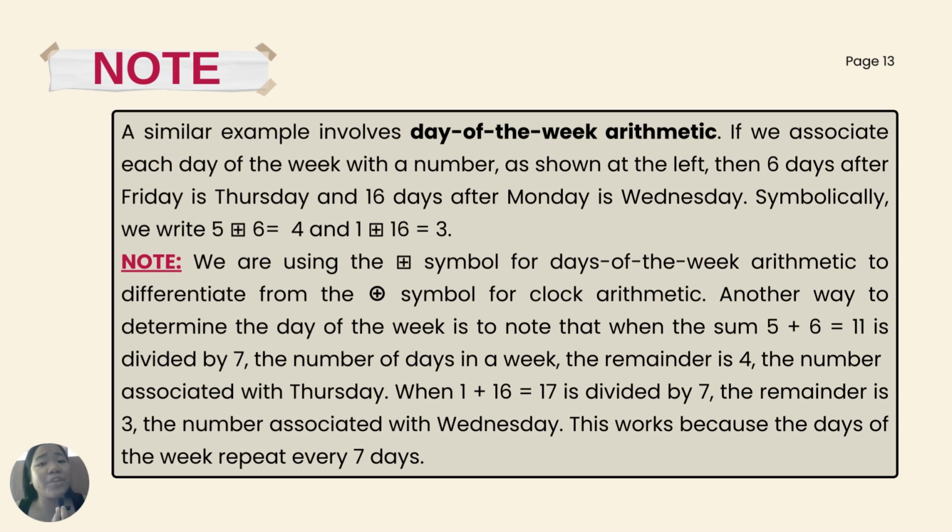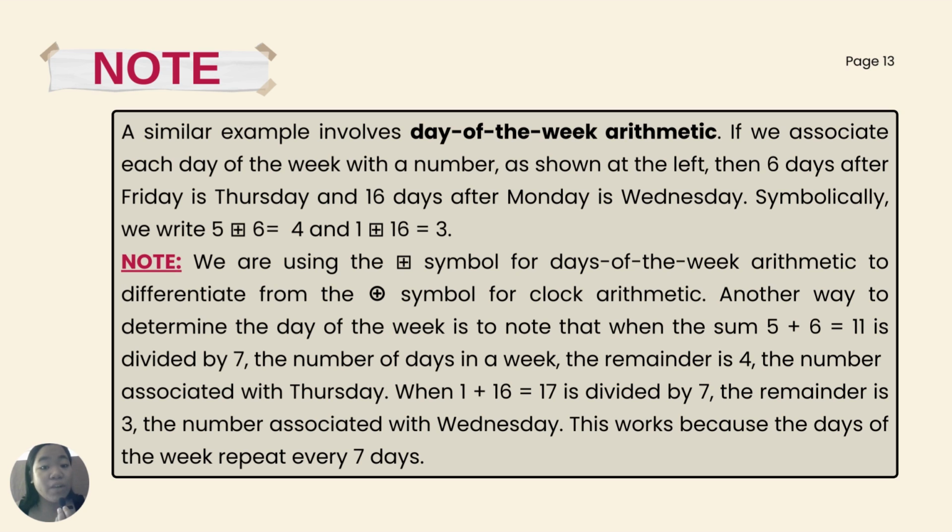There is another technique, class. Instead of counting, there is another technique. Let's read another note. We are using this symbol for days of the week arithmetic to differentiate it from this symbol, which is for clock arithmetic. Remember, class, the one with a circle is for the clock, since the clock is circular.